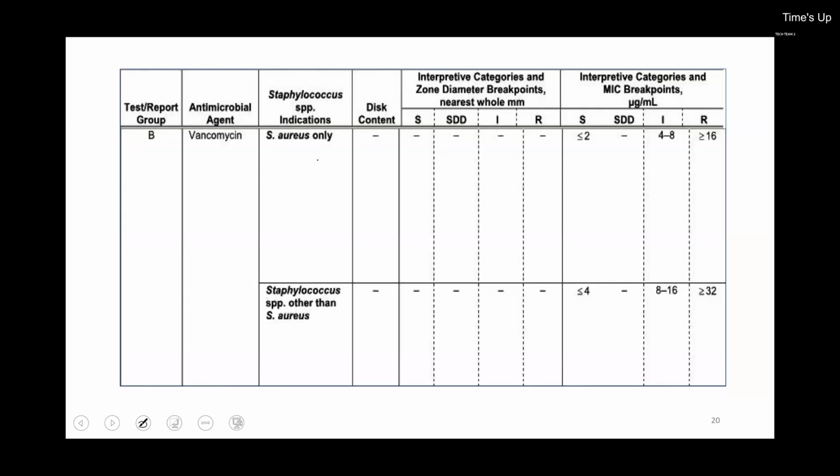There is no disk diffusion breakpoint. Vancomycin disk diffusion for Staphylococcus is highly unreliable. It cannot differentiate between VISA and vancomycin susceptible strains. So it is not recommended at all. The only thing available is an MIC based detection method, preferably done by broth microdilution.